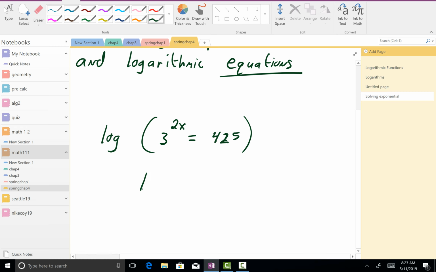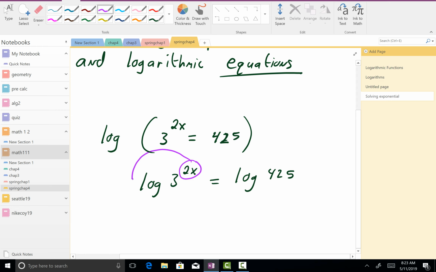And so when you do that, you get this. Okay, so then we use our properties of logarithms, and this 2x, you might remember, pops down in front.